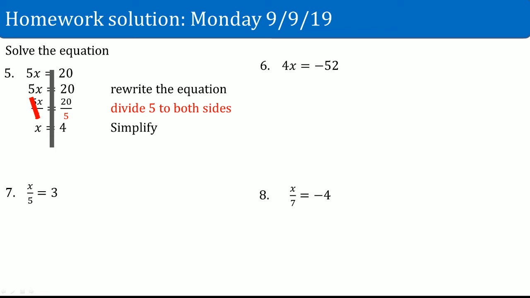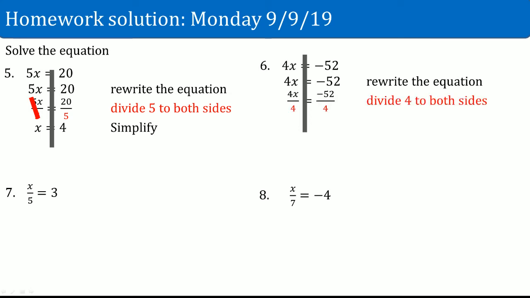Number 6. 4x is equal to negative 52. First thing, always rewrite the equation and draw a line straight down, making a left and a right-hand side. What I have here is multiplied by 4. That is what I have next to the x. So what do I do? To get rid of a multiply by 4, I divide by 4.